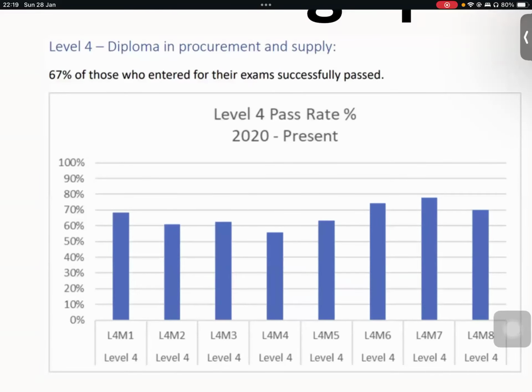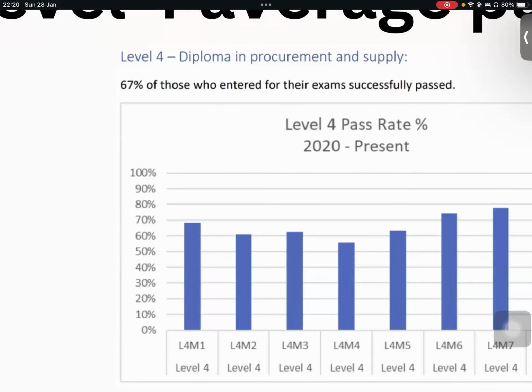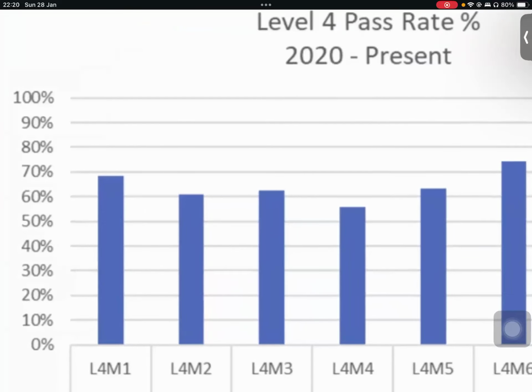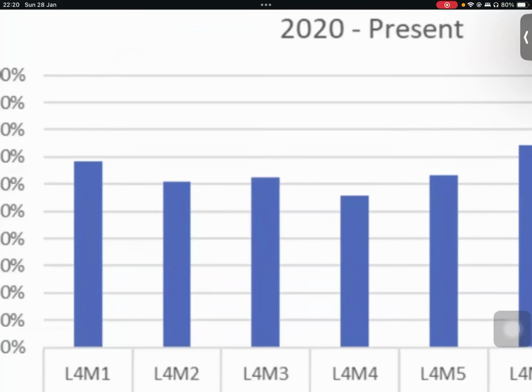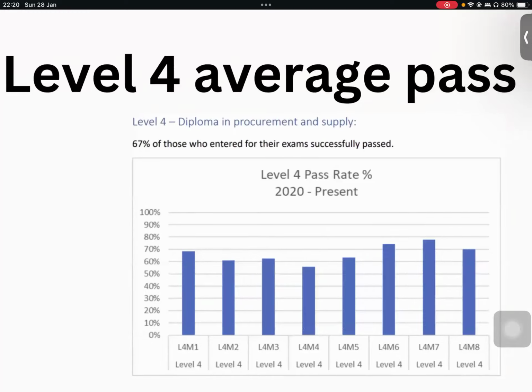Continuing on this graph, FM4, as you can see here, has the lowest pass rate. Please keep in mind that this is the statistic from 2020 to 2023.